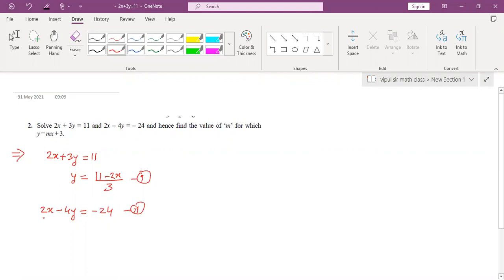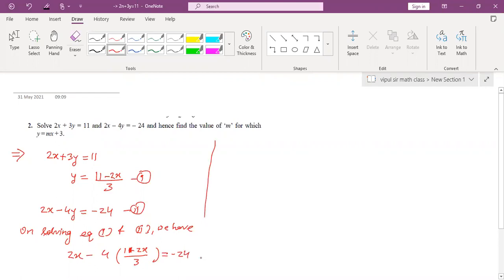Now substitute the value of y in equation 2. On solving equations 1 and 2, we have 2x minus 4 into y. Y is nothing but 11 minus 2x upon 3, is equal to minus 24.